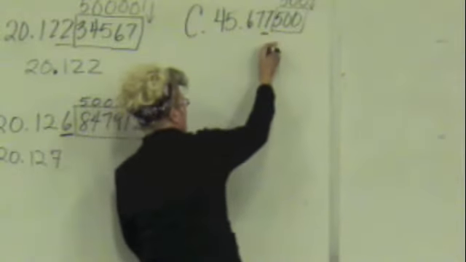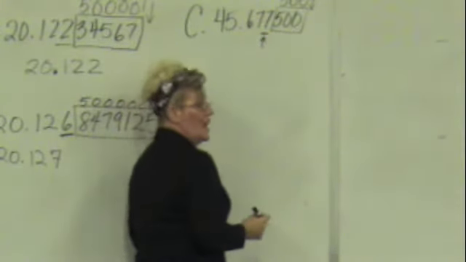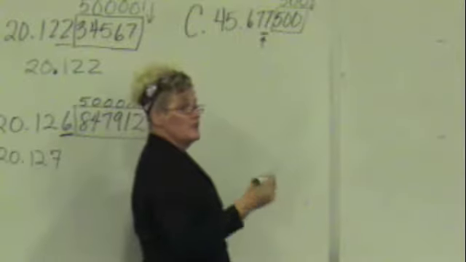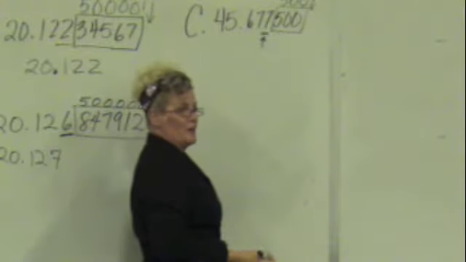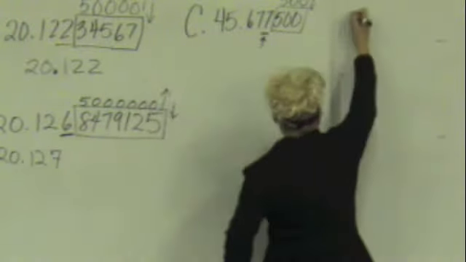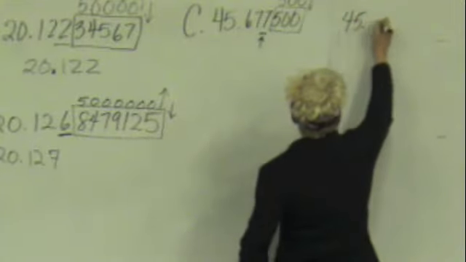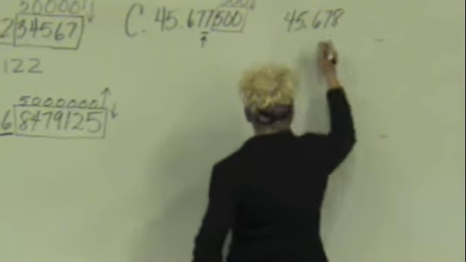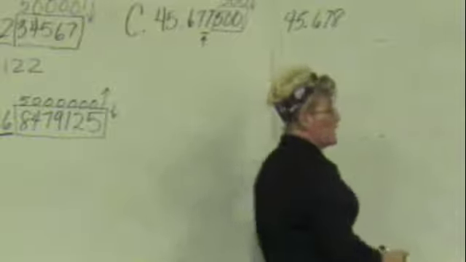I look at the number that I'm rounding to. That's an odd number. I need to make it even. We go up to the nearest even number. So this becomes 45.678. Now, you probably would have done that anyway, not knowing why you did it, because you don't even stop to round 5 up. It's the other ones that get people.